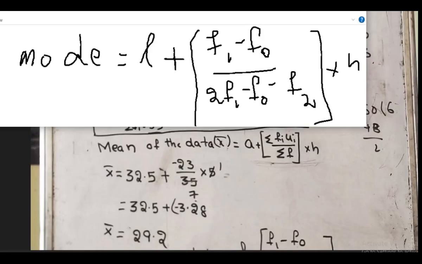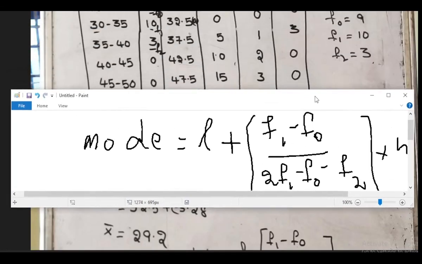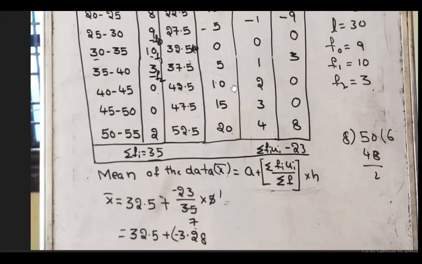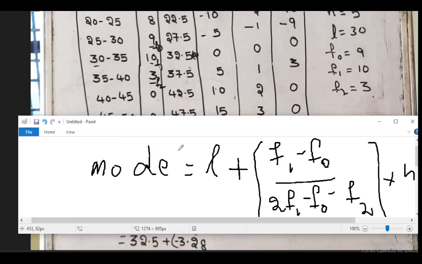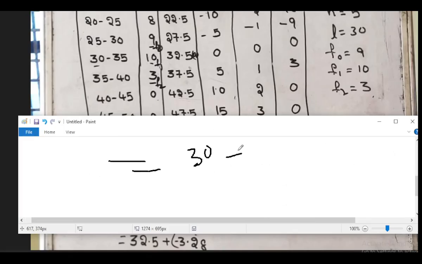So 30 plus, the F1 value is 10, F1 minus F0, where the F0 value is 9, by 2 into the F1 value 10 minus the F0 value 9 minus the F2 value, which is 3.